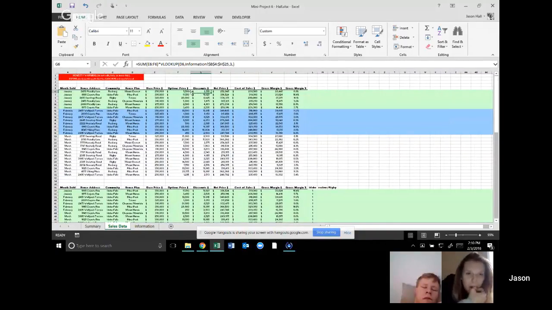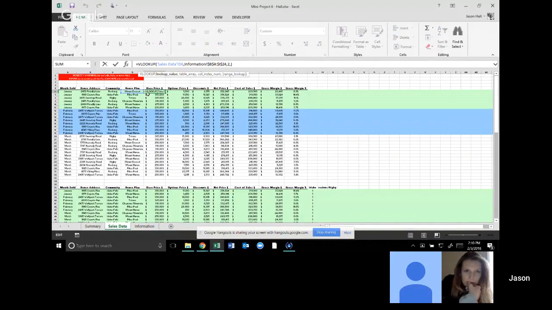Let's see. Okay, so on the base price, I did the VLOOKUP for on sales data D6. So it looked for Mount Everest.